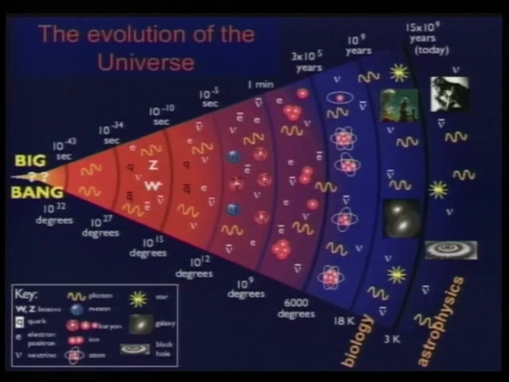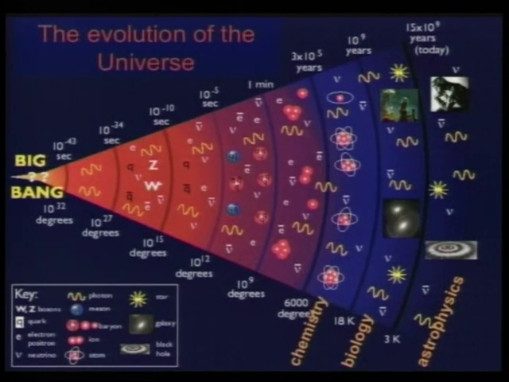If you want to stay in the biology region, where you can see the formation of the so-called organic chemistry, or the cells, and all the animated individuals, you have to go back something like 1 billion years after the Big Bang, when the temperature was around 18 Kelvin.